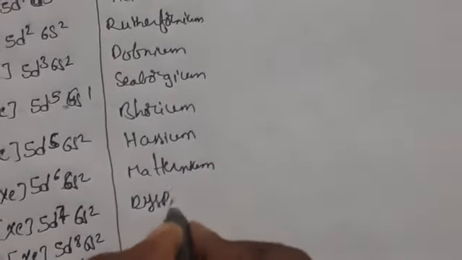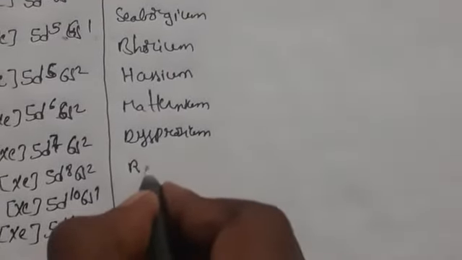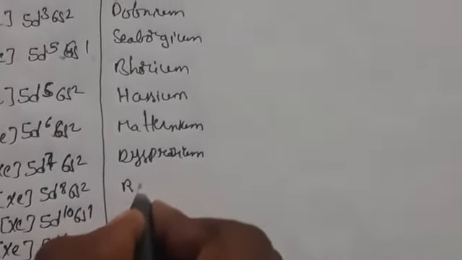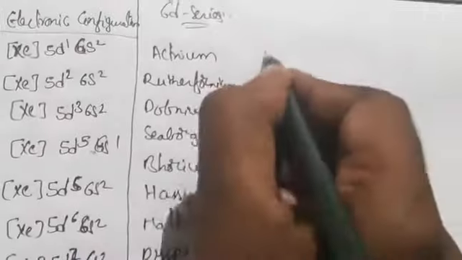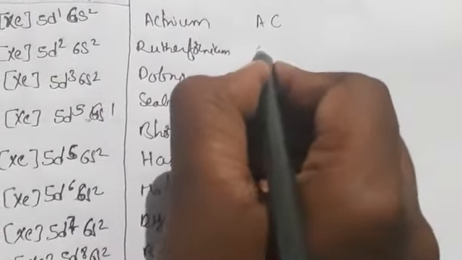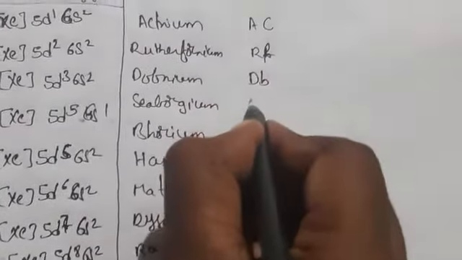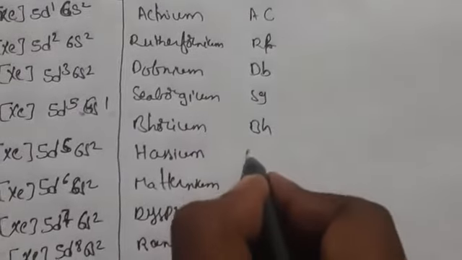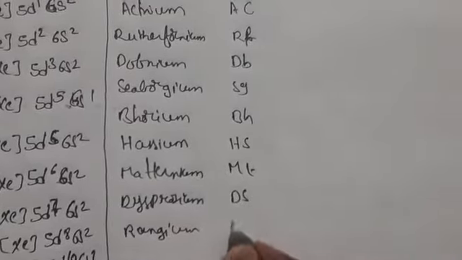The symbol here is Ac. These are the symbols for the others: Rf, Db, Sg, Bh, Hs, Mt, Ds, Rg.